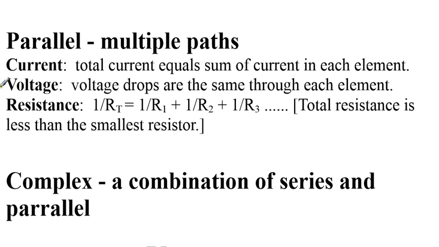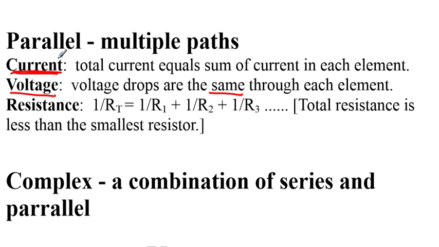For parallel, this is a bit different. Hopefully from the previous lab you've noticed something at least about the voltage, and the voltage should have been the same for each of the branches. It might have varied a little bit, but it should have been very close to being the same. Now, the current, though, is going to be different for every branch if there is a different resistance in each branch.